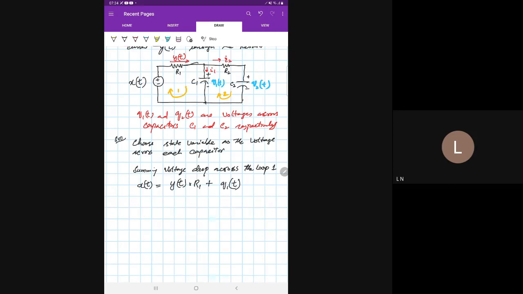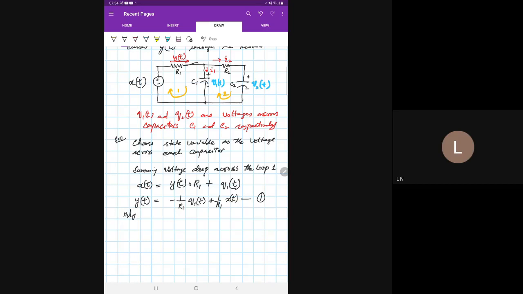KVL is being applied here in loop 1, so we obtain this equation. If we rearrange this equation, because we have y of t as an output quantity, which is nothing but a current, it can be written as y of t equals minus 1 by R1 Q1 of t plus 1 by R1 x of t. Let's call this equation 1.